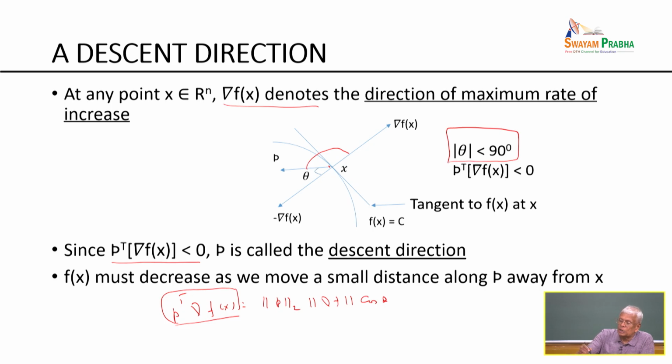So, I can look at P with respect to the gradient, or with respect to the negative of the gradient. Because it is making an angle less than 90 degrees with the negative of the gradient, which is the direction of maximum rate of decrease, by going along P, I can hope to decrease the value of the function. That is the role of a descent direction P at the current operating point x.